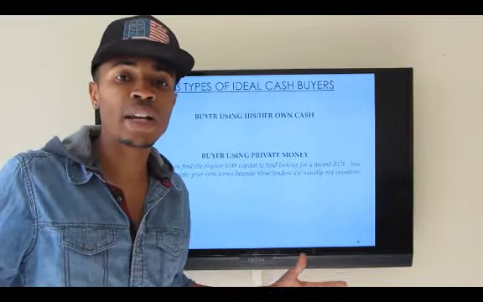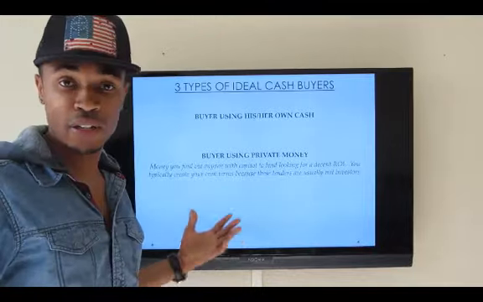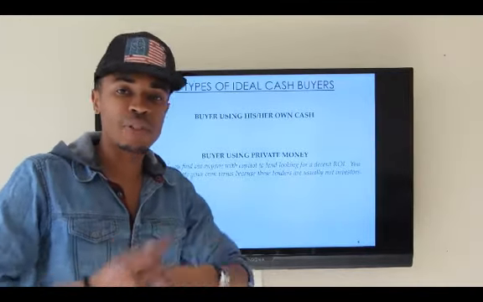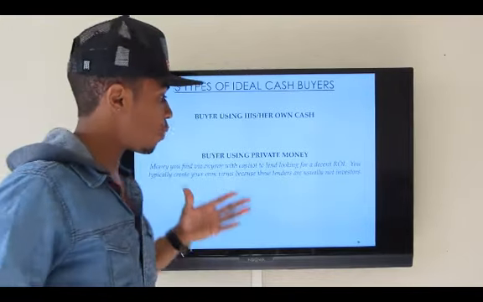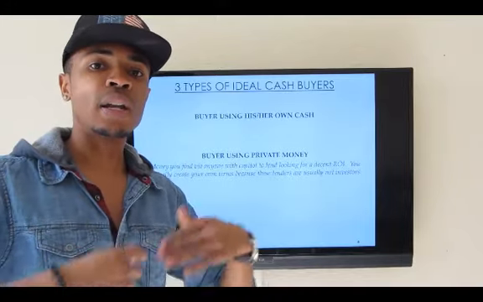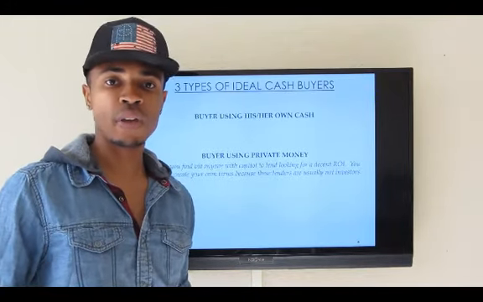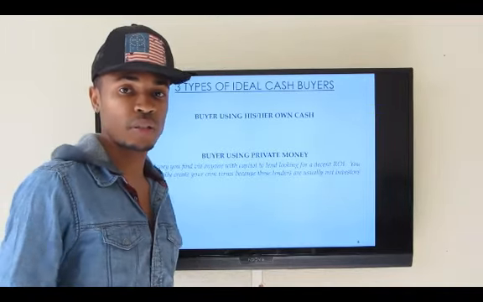Anybody that has money sitting collecting dust in a bank account can be a private lender. These are people that are really not savvy in the lending business, so you make them become a private lender by educating them and letting them know that their money is safe in this type of investment vehicle as far as real estate.